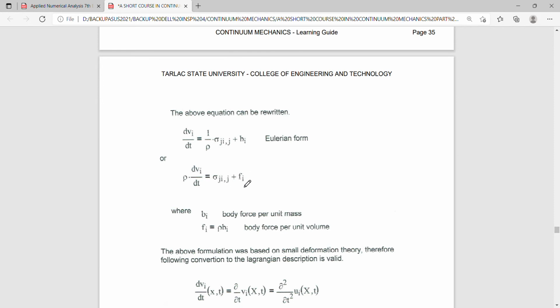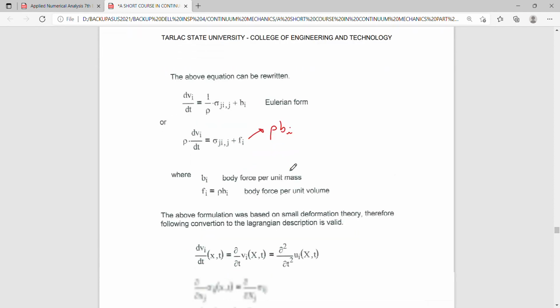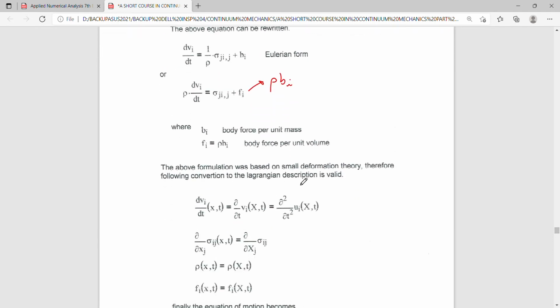Okay, so here your body force is now equivalent to an Fi here, which is simply your rho Pi. Okay, so the above formulation was based on small displacement theory or small deformation theory, and therefore the following conversion to Lagrangian description is valid.